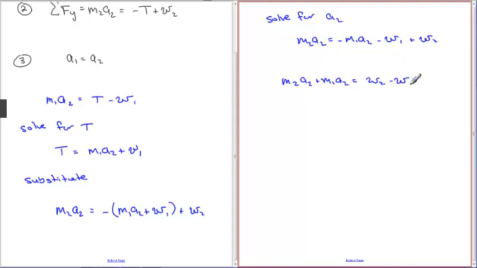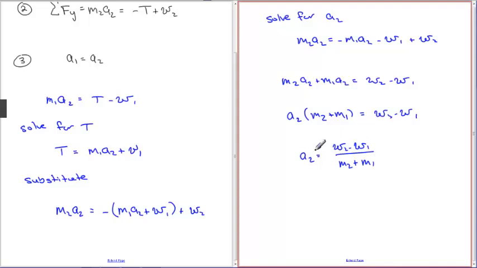I just switched those, so the positive was first and negative was second. Then we factor out a2 and divide both sides by this quantity. So we get a2 is equal to w2 minus w1 divided by m2 plus m1.